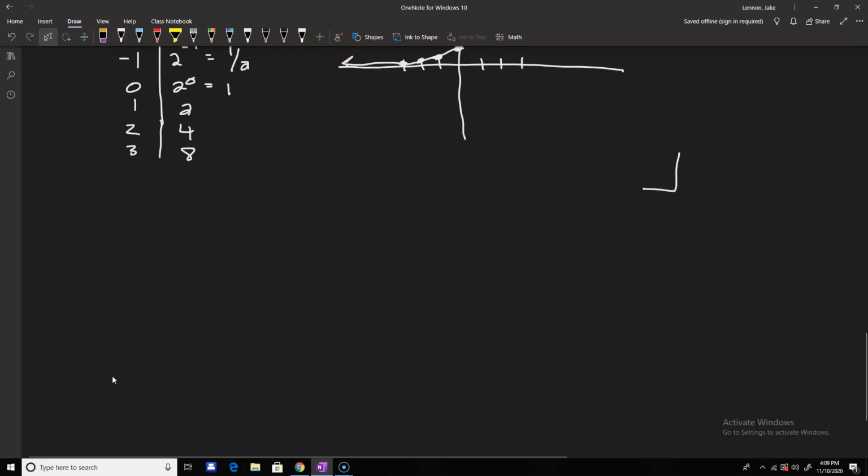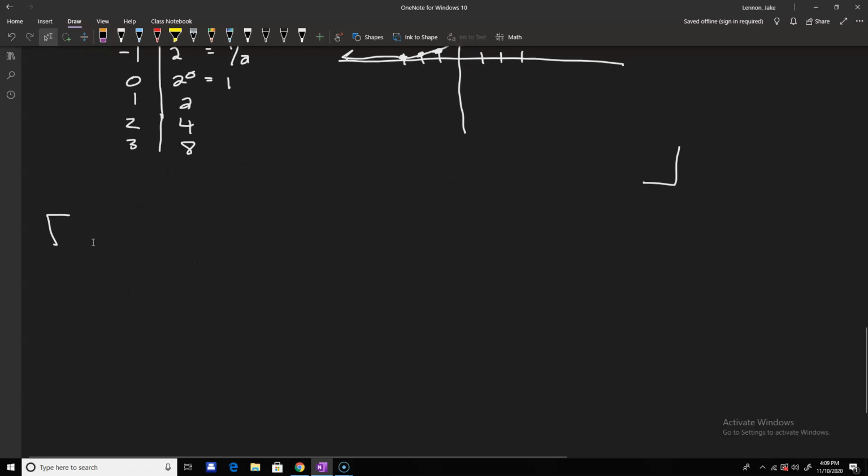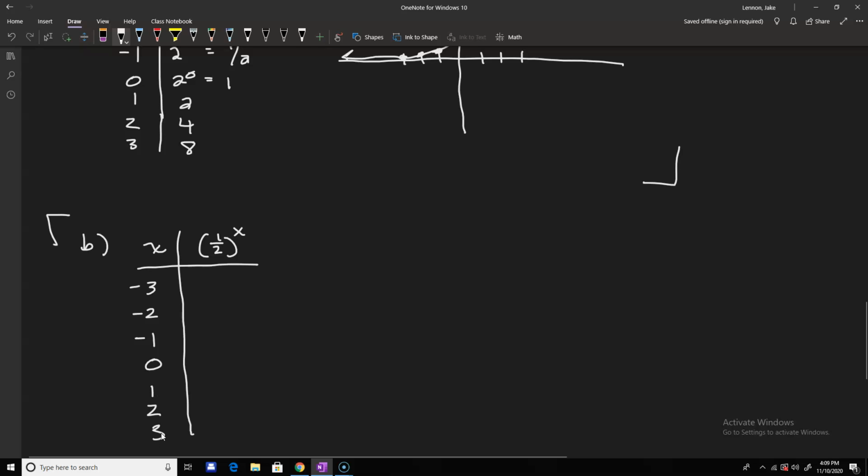Now what's going to happen when we do the 1/2 to the x? Well, you're going to quickly figure out that there is some relationship between the two functions. So again, let's plug in the same points. If you do 1/2 to the negative third power, that is actually the same thing as 2 to the third power, which is 8.